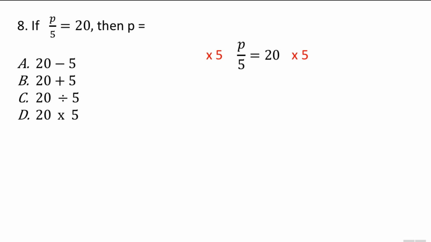Lovely. Which therefore means on my left, you can agree that 5 divided by 5 would have been 1, which means that on my left I just have p. And on my right I have p now is equal to 20 times 5. So looking at my answer options now, we can agree that my answer is D. I hope you got this one as well.